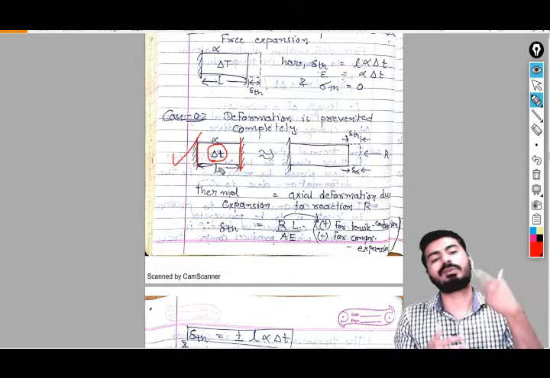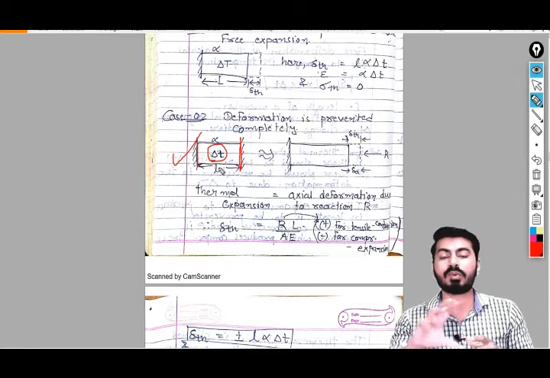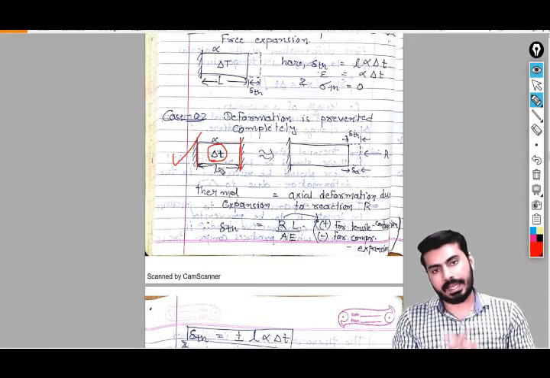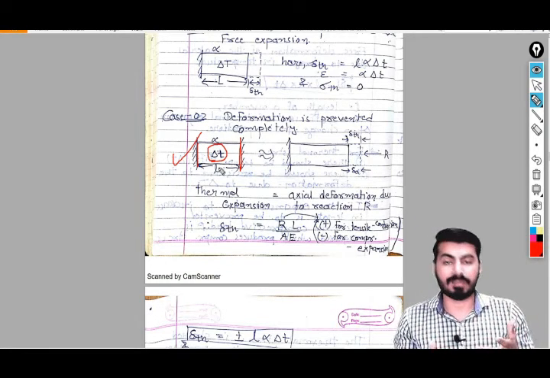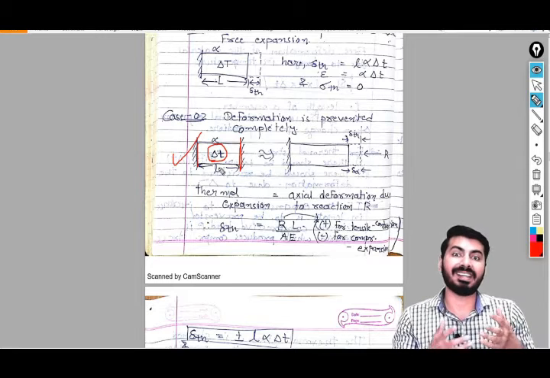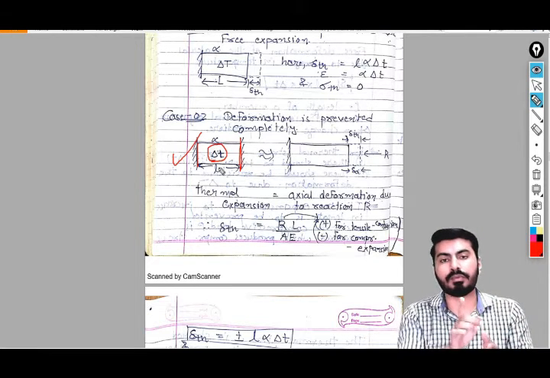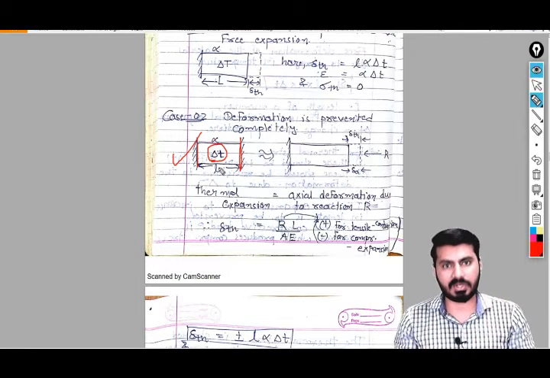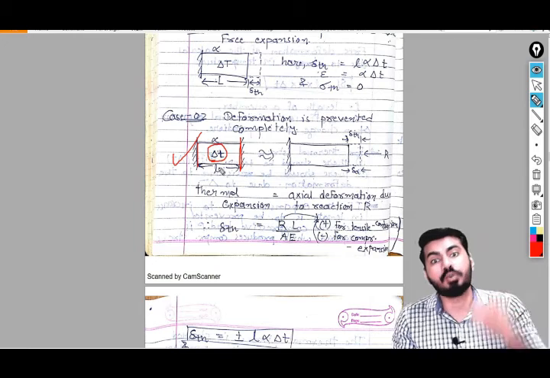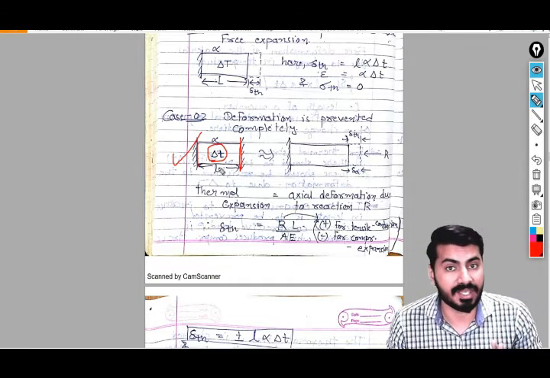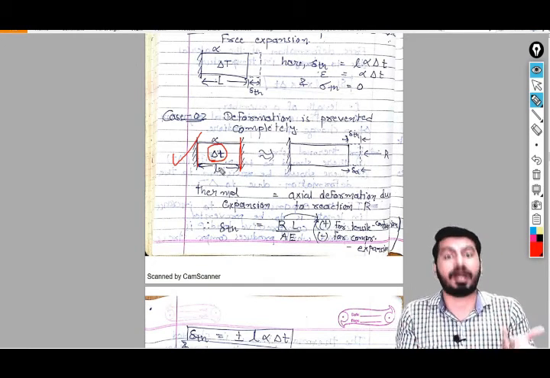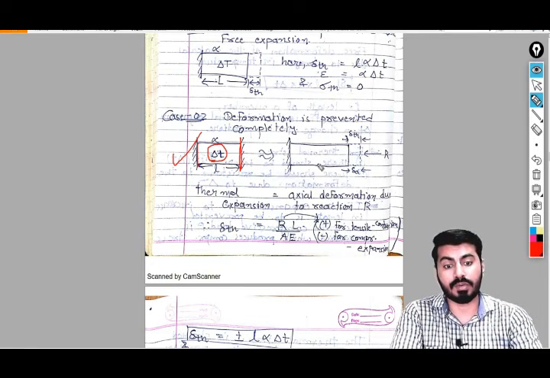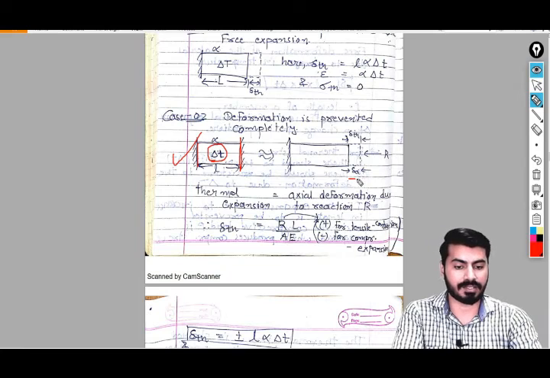Now in order to calculate the stress in the body, you just have to imagine one condition. In all the examples, we are going to do one thing: we will assume that the body is free to expand. First of all, that is not the case here. The body is completely restricted, but still we are assuming that the body is free to expand. If the body is free to expand, then it would expand something like this.